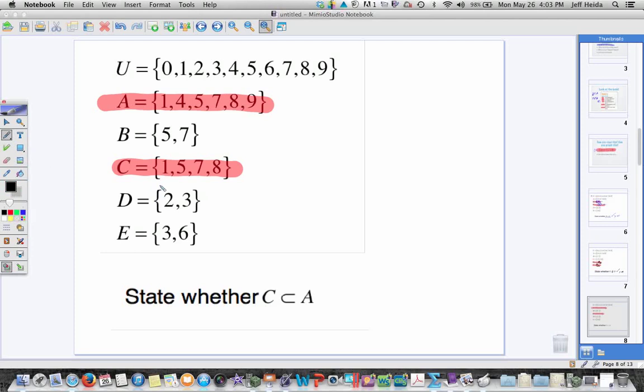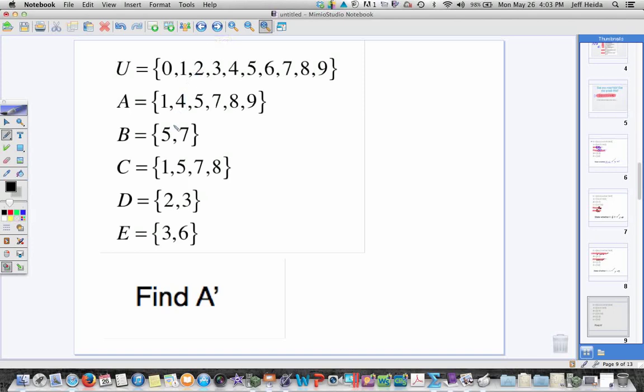We have 1, 1, 5, 5, 7, 7, 8, 8. So that's true. C is a subset of A because all of the elements of C are elements in A.